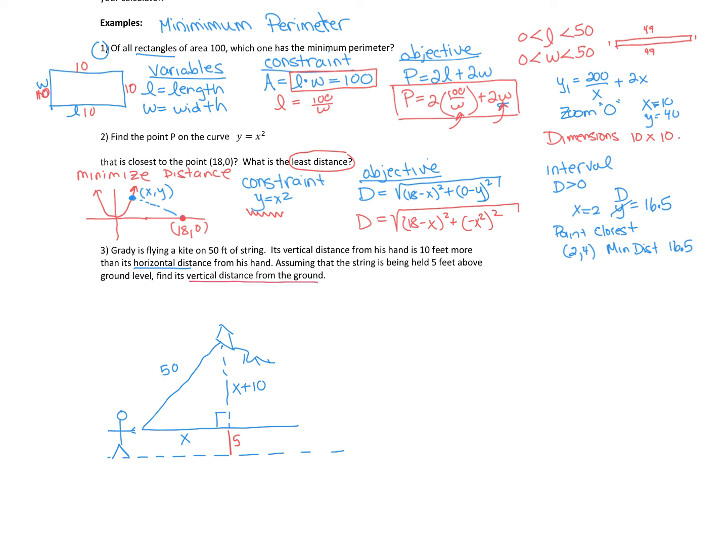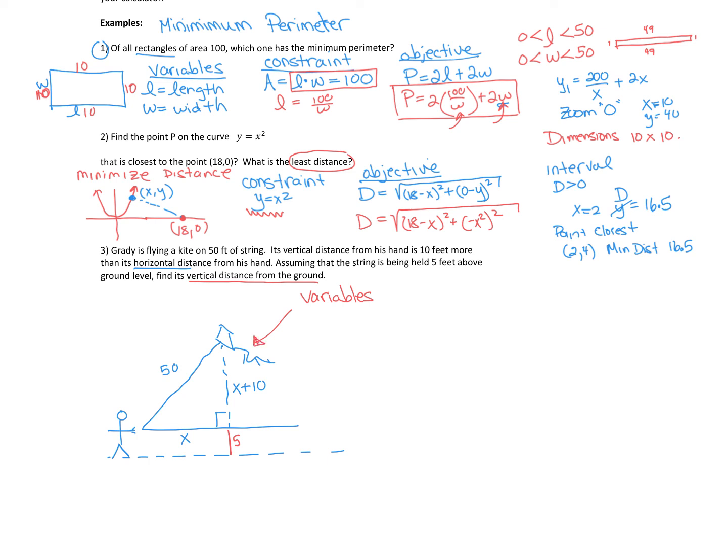So setting this up might not be an optimization problem, but it's still setting up a problem. So we need to know what the variables are. We have drawn a picture so that we can see those.